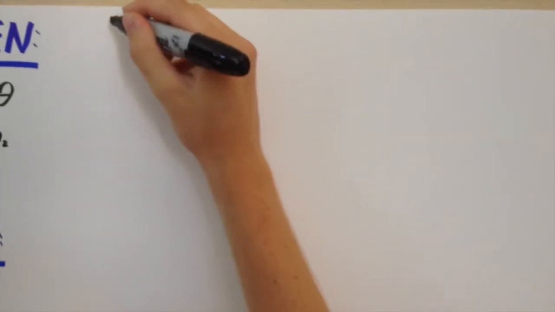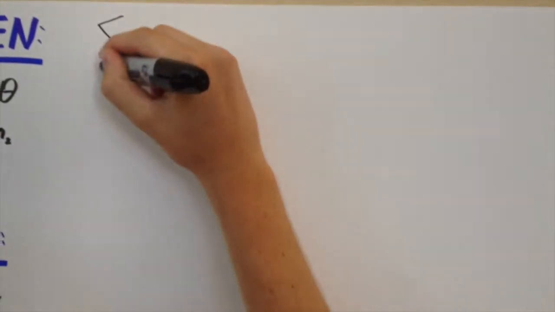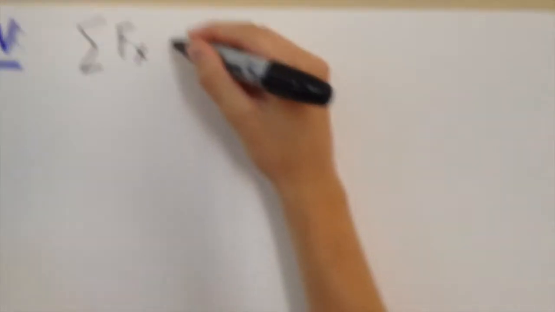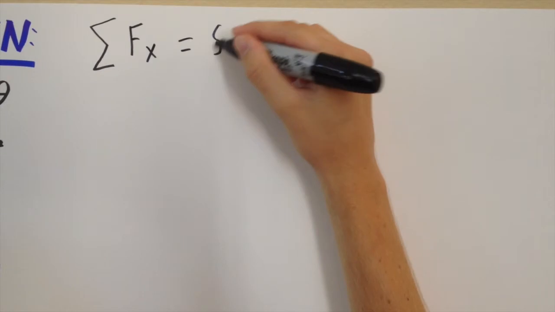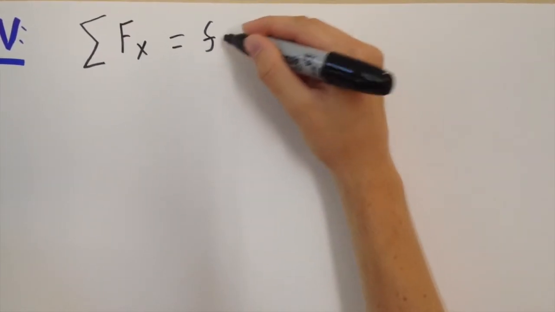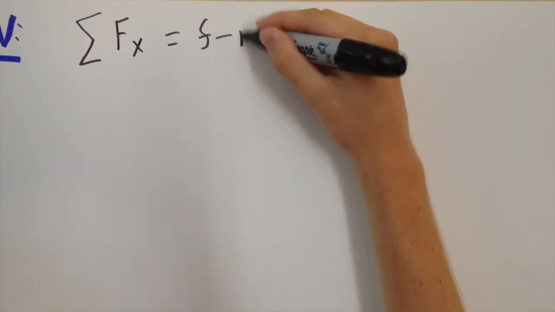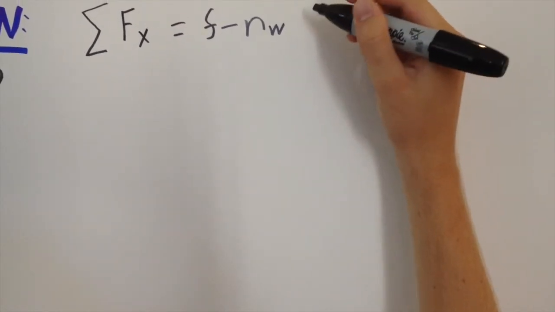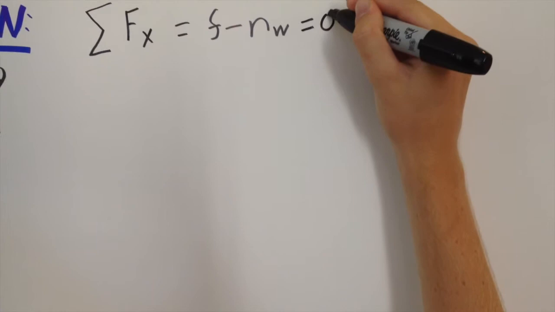Now we need to take a look at the equations. The sum of the forces in the x direction is equal to the friction between the ground and the ladder minus the normal force of the wall. And because the ladder is not in motion, this is equal to 0.